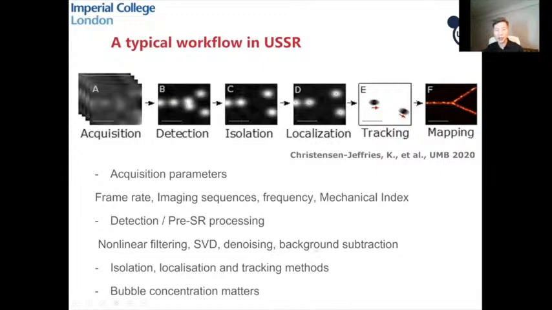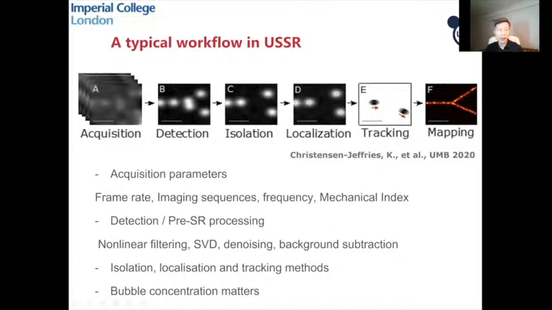Sometimes you also need background subtraction to remove structures that are not really bubble signal. Then you have the isolation of individual single bubbles. You need to localize them, and you need some tracking methods. And there is a lot of work going on in terms of improving each stage of this super resolution process.